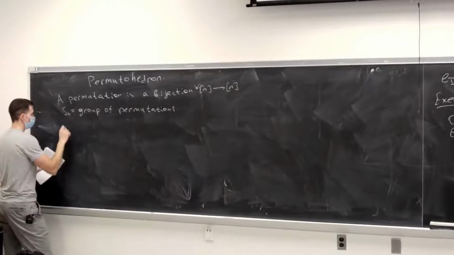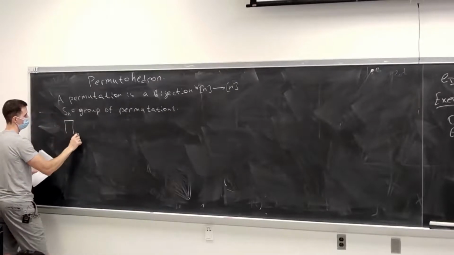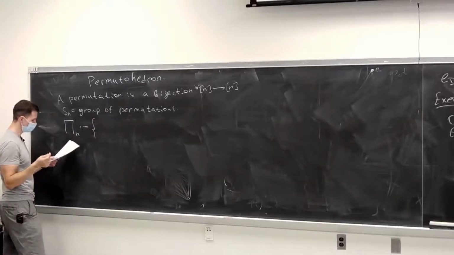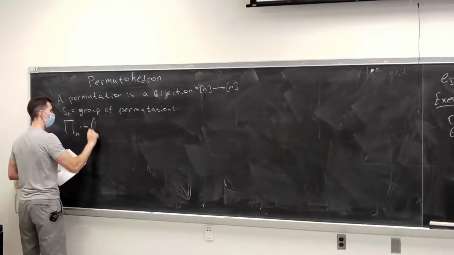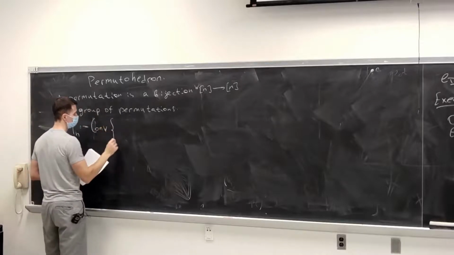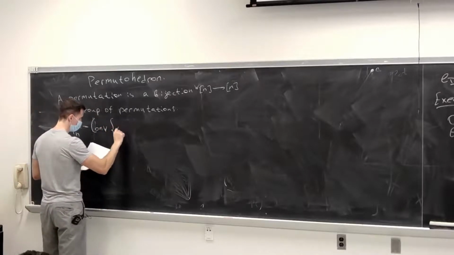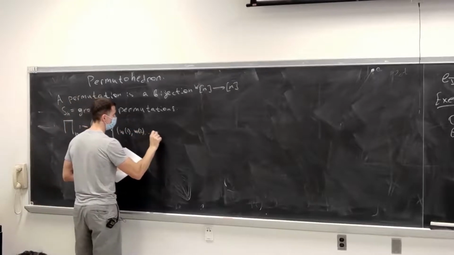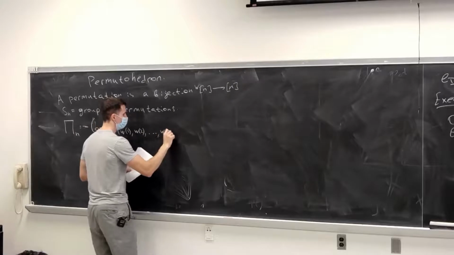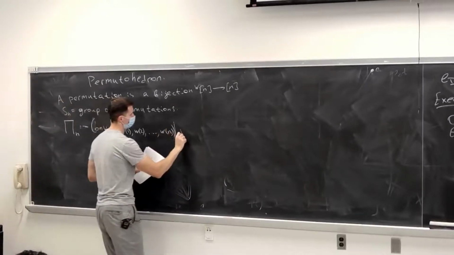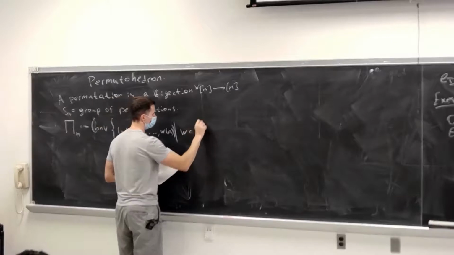And then the Permutahedron Π_n is by definition the following. What you do is you take the convex hull of the set of points (w(1), w(2), ..., w(n)), where w is a permutation.